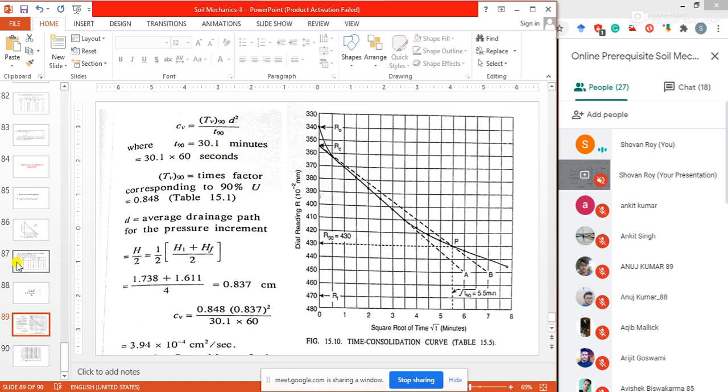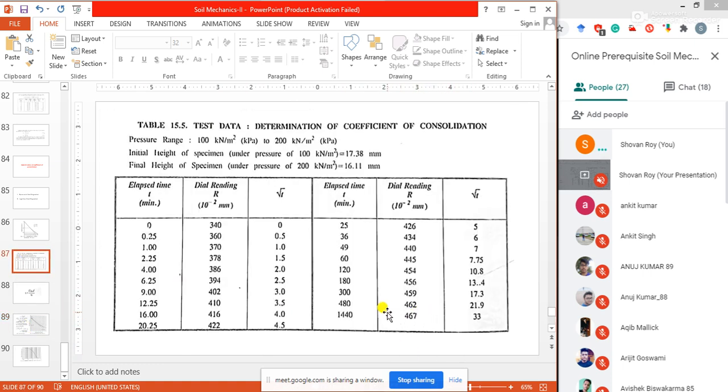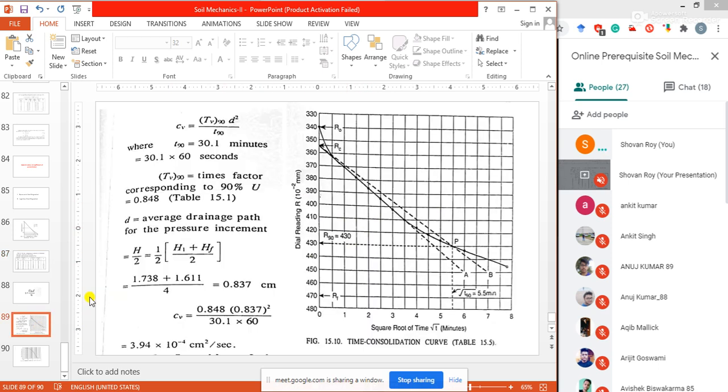This value we can find from this elapsed time, which is 30.1, so 30.1 into 60 seconds. Here, if we square this 5.5, we get this 30.1 T90. Actually this value is T90.